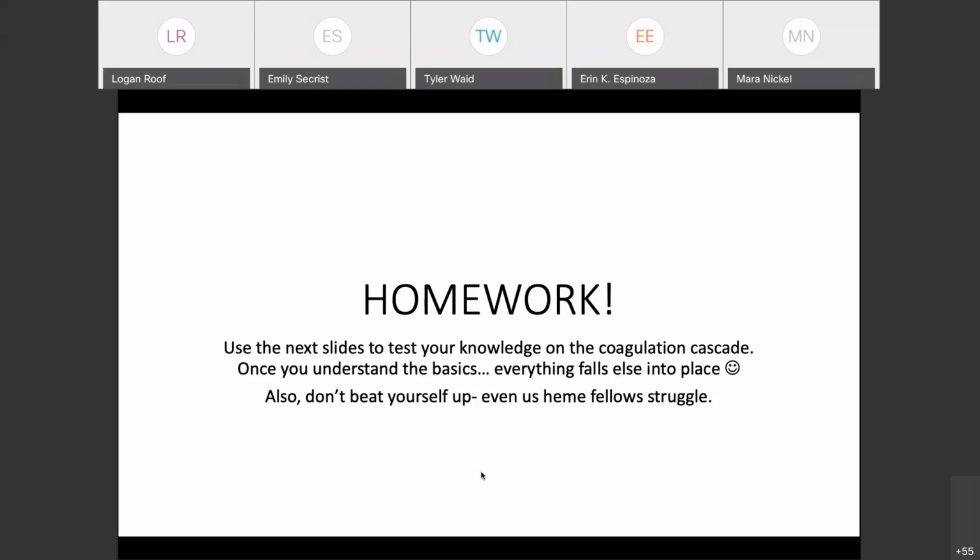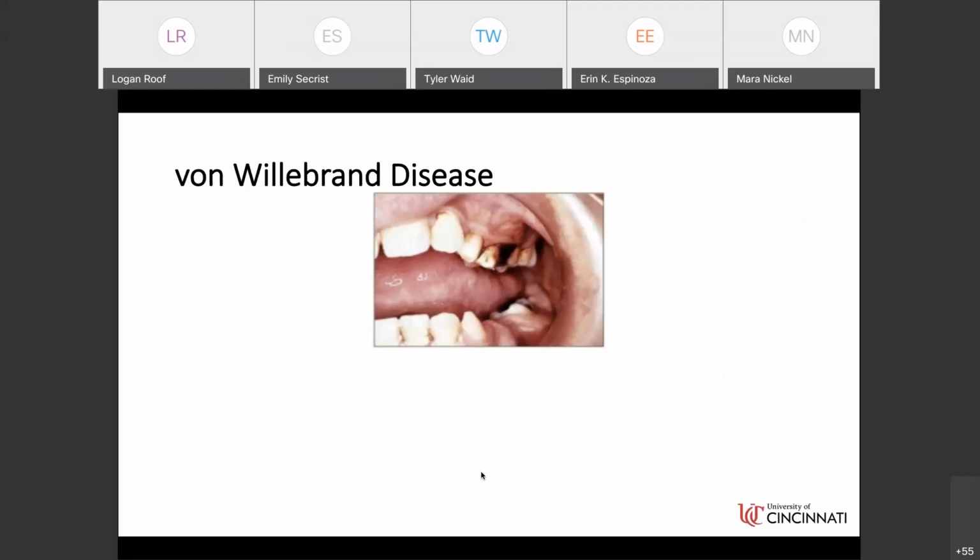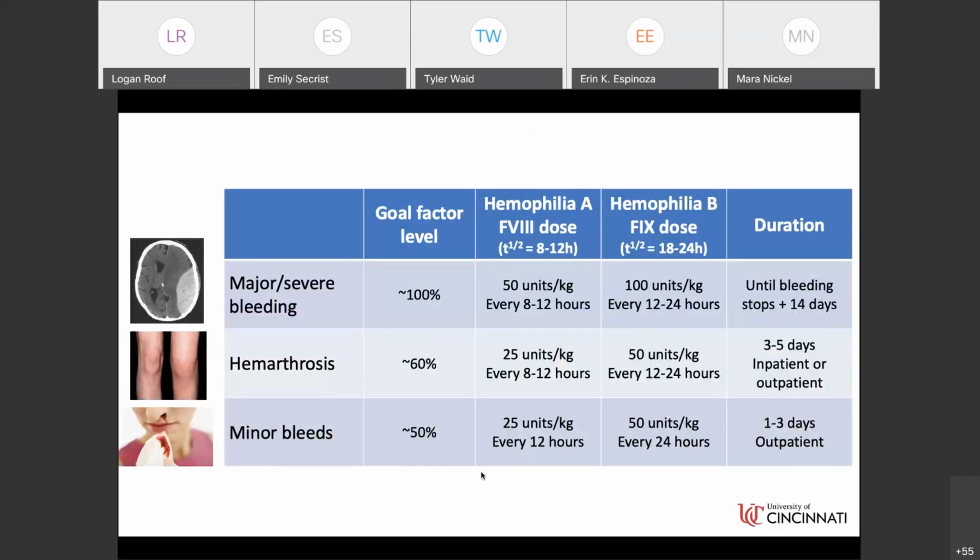Matt asks, for suspected moderate hemarthrosis, how often should we ideally be checking factor levels? Does it depend on how bad their hemophilia is? Yes. So Matt, I'll come back to this slide, which I breezed through really quickly. For moderate hemarthroses, again, we're not reaching that factor level of 100%.